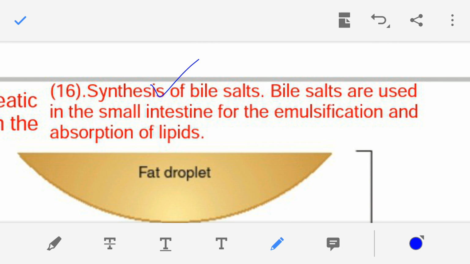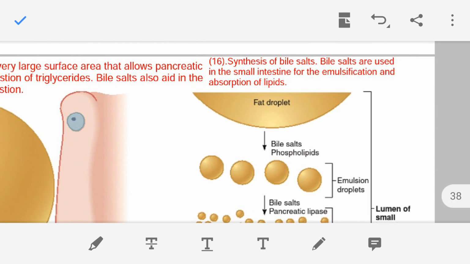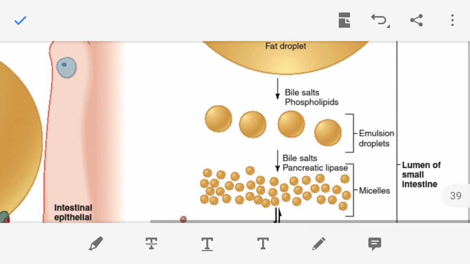So liver synthesizes, liver produces, liver forms bile salt. And bile salt, we now know the process of emulsification, the role of bile salt. So what the bile salts are doing, they are involved in the emulsification process of lipid, and in that process large fat droplets are converted into smaller lipid lobules or fat lobules.